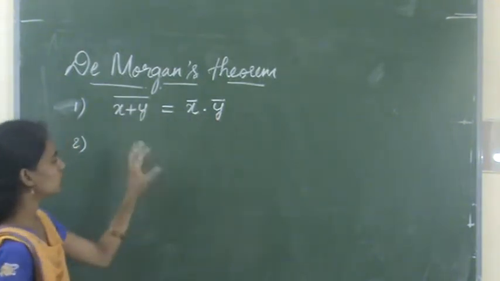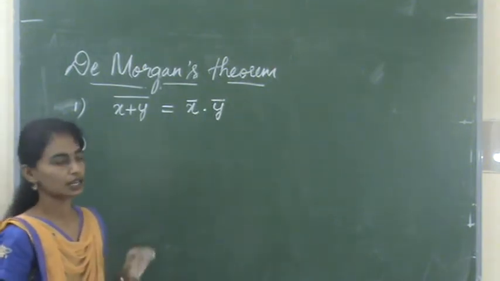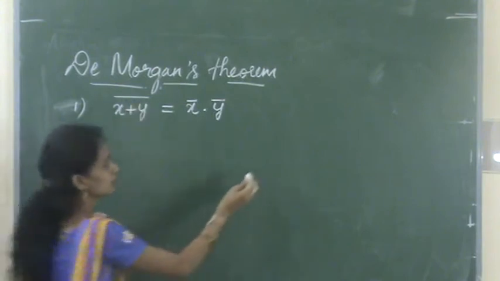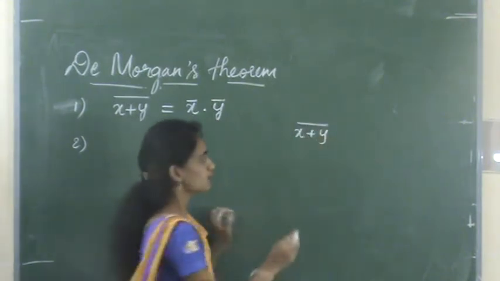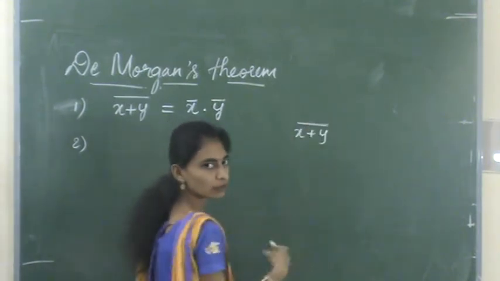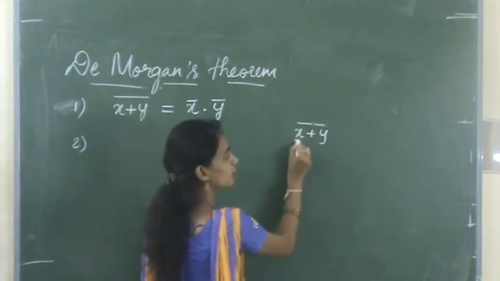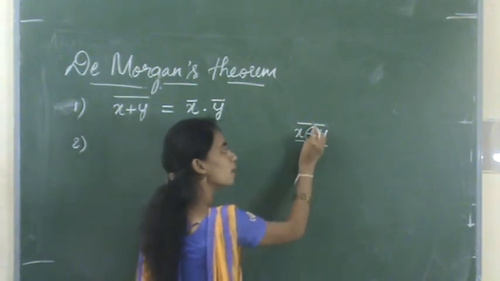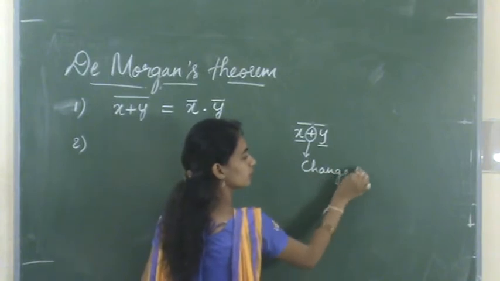How? We have a complement law, right? Suppose here we have x plus y whole bar. If we want to remove this bar, we have to separate the bar onto each variable, and then the operation will change.